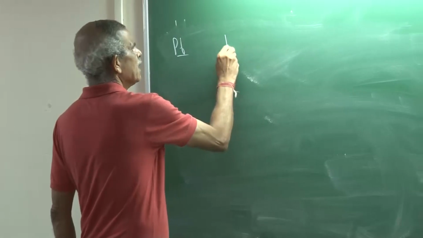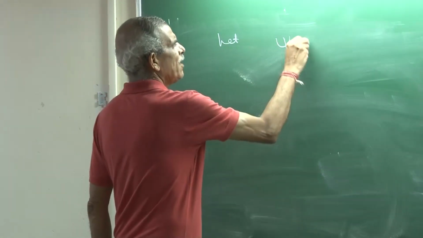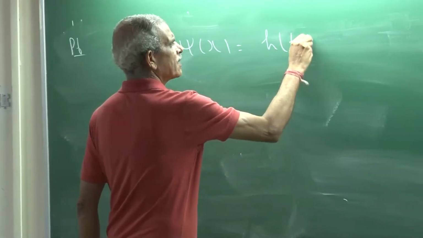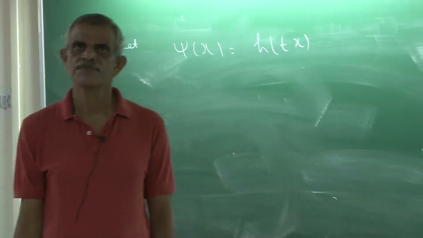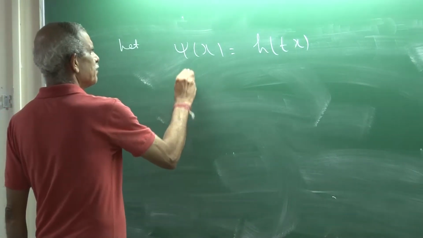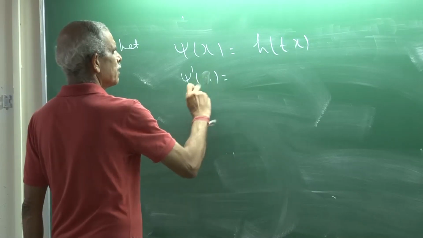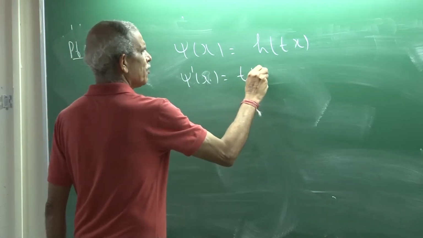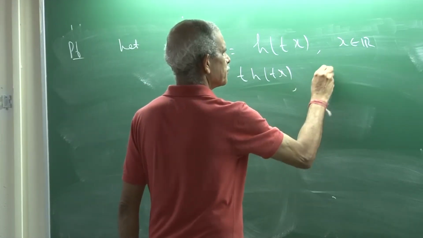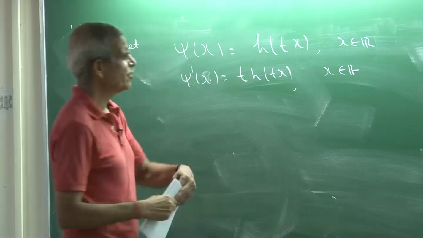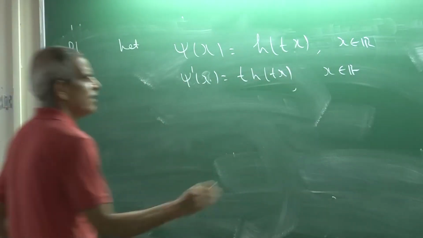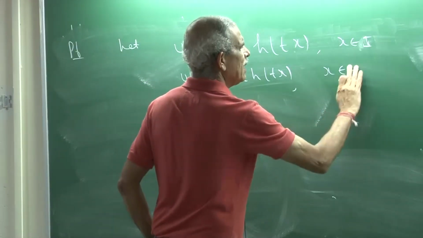So what I do is I define psi of x as h of tx. So psi prime x turns out to be t times h prime of tx. Actually, what you need is only the support of x bar, so let me write down this x belonging to I, where I is the support of x bar.